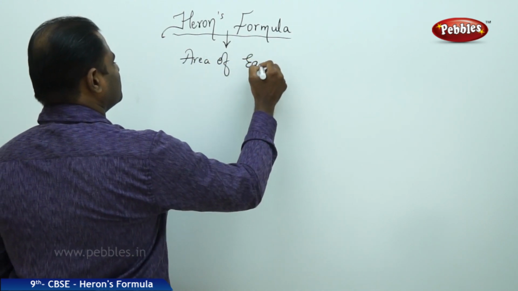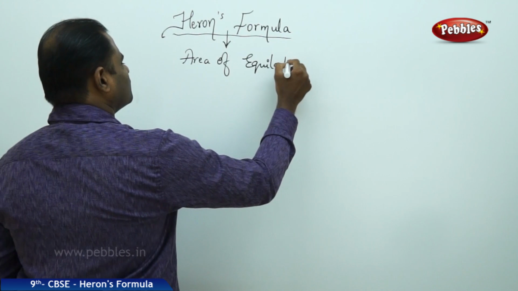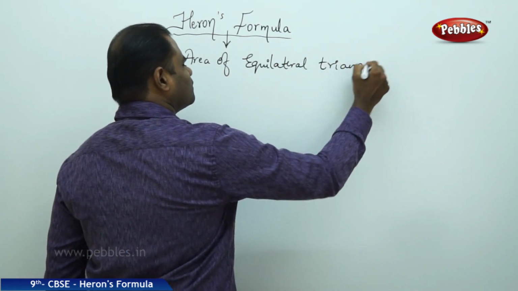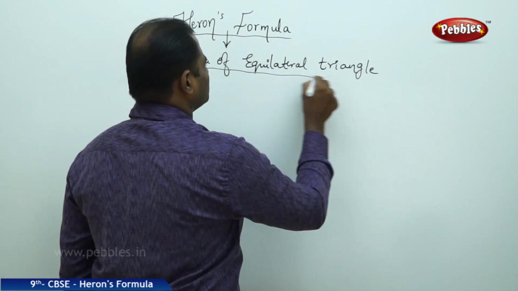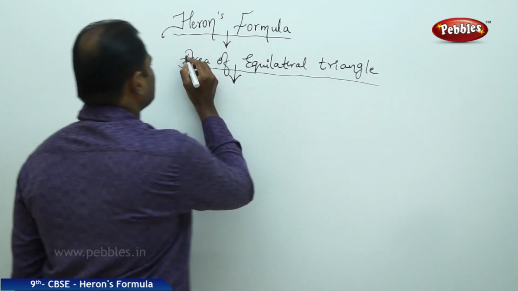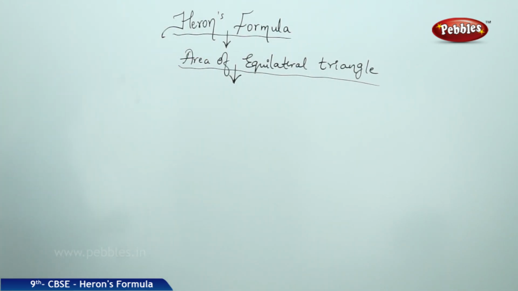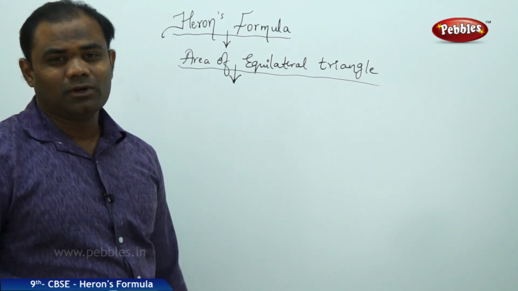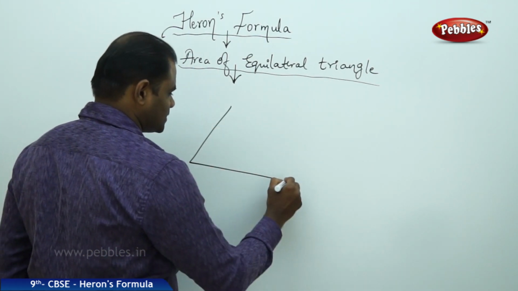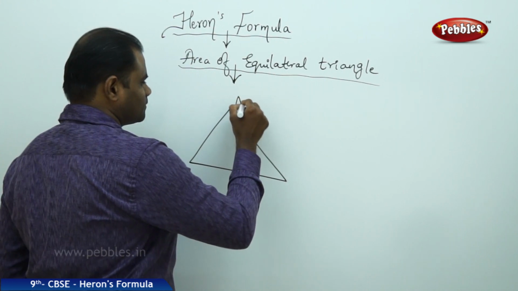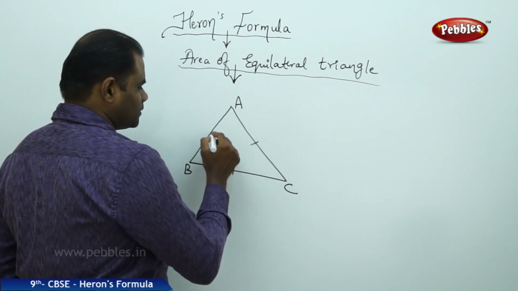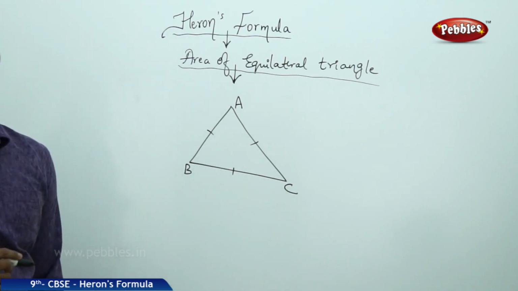Area of equilateral triangle. So what is area of equilateral triangle? We all know that equilateral triangle is a triangle whose all sides are equal. So this is equilateral if all the three sides are equal.